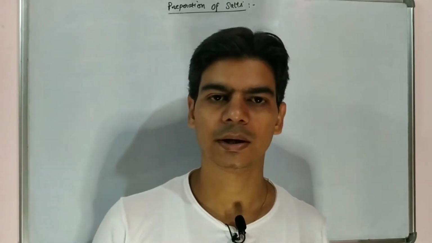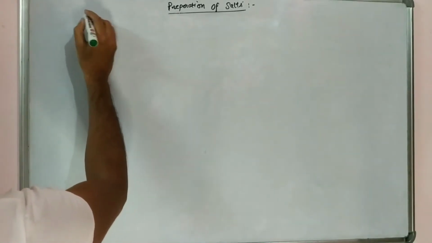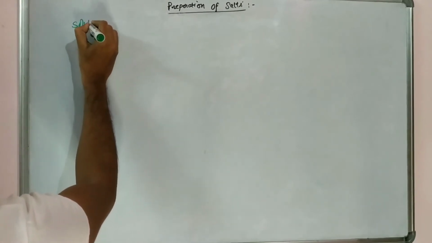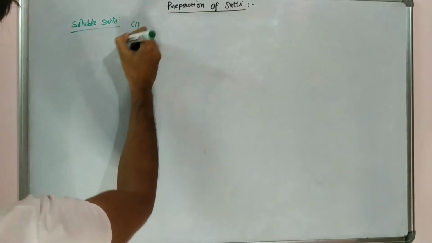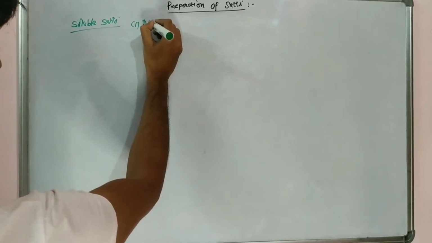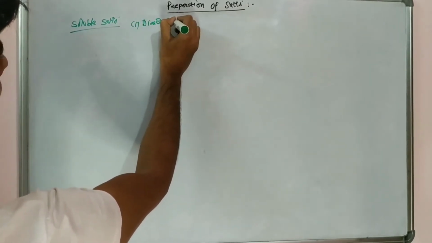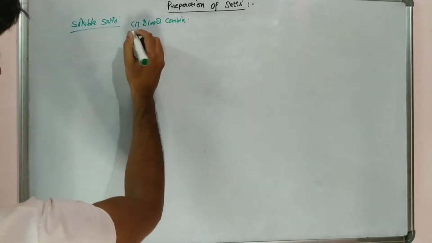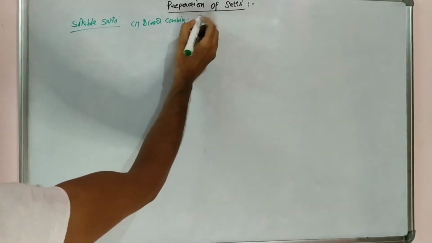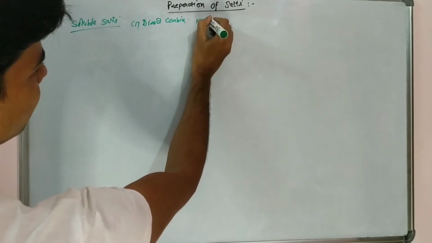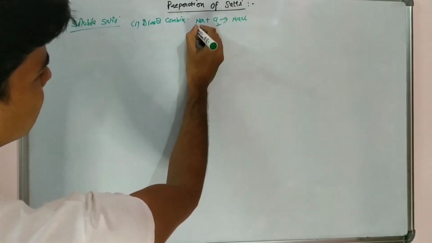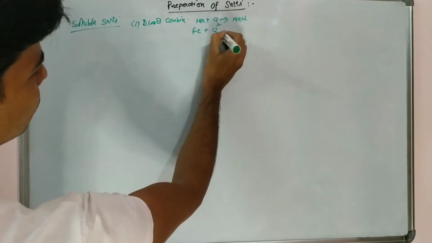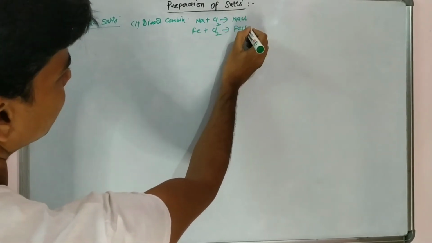Now let's look one by one at the different methods. We'll be preparing soluble salts first. So the first way is direct combination. In direct combination, elements like sodium will react with chlorine to form sodium chloride. Second example is iron will react with chlorine to form ferric chloride.